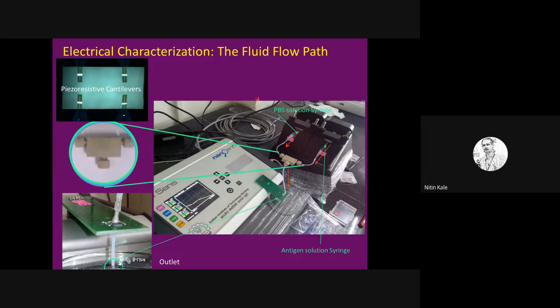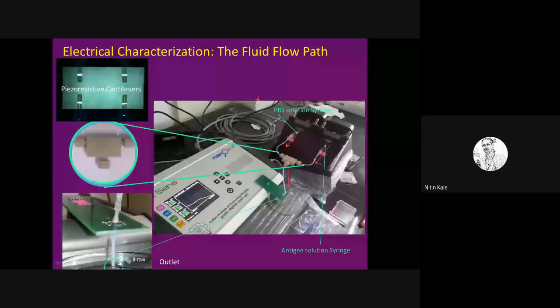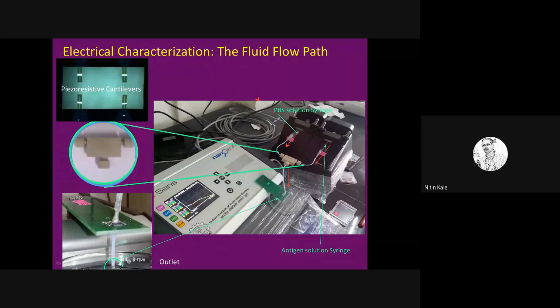And then you have this as the inlet and this as the outlet. You can concentrate a bit on this T. So this is that T. This is a syringe pump. It has stepper motors, and you can push in liquid from one syringe through this T into the liquid cell so that it can interact with the cantilevers.